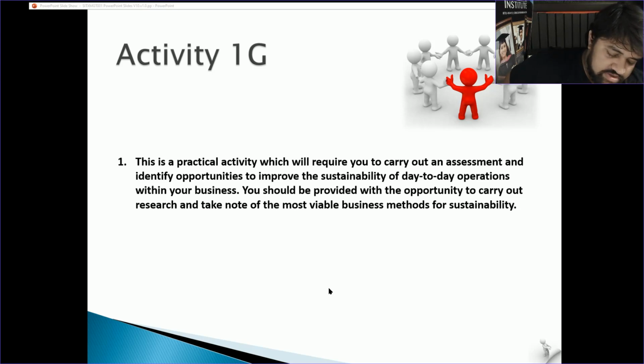We need to come up with ideas such as new products that we could implement in our business. Let's say, if we're a restaurant, I know it's radical, but maybe we could tell customers to bring in their own takeaway containers.